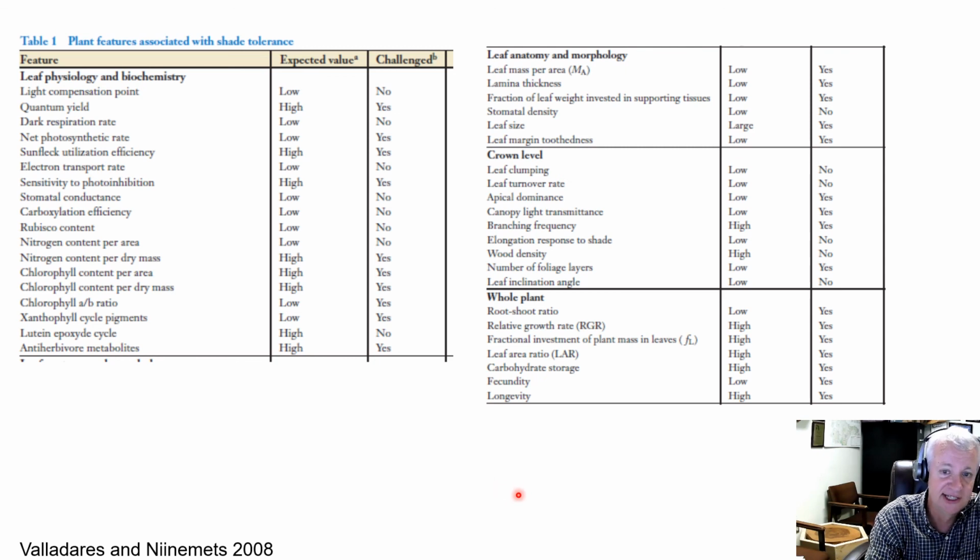So just a re-emphasis that shade tolerance is a really complex suite of traits, and not all of these are going to come into play in any particular species. So just emphasizing the complexity of shade tolerance as a trait.